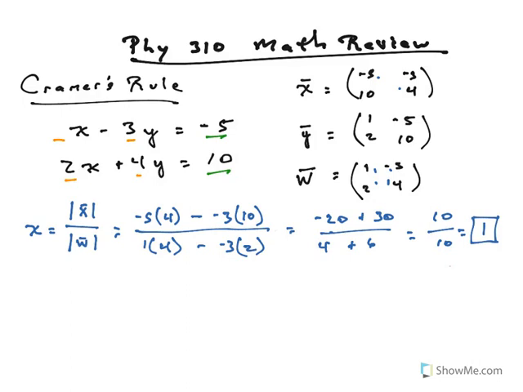Perfect. Let's say I need to know y. Same basic process. If I want to know the value of y, I take the determinant of the y matrix over the determinant of the w. So let's do that really quickly. Looking at the y matrix, we've got 1 times 10 minus negative 5 times 2.